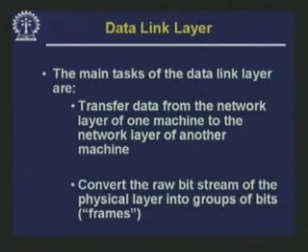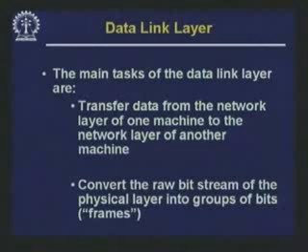Now, what are the main tasks of the data link layer? It transfers data from the network layer of one machine to the network layer of another machine. This is part of the service it gives to the upper layer. Above the data link layer we have the network layer, and below the network layer we have the data link layer.